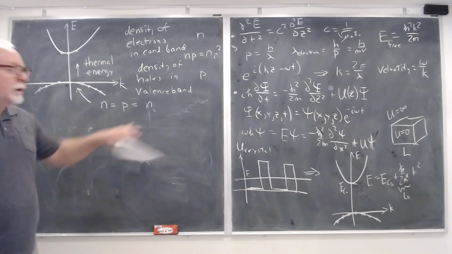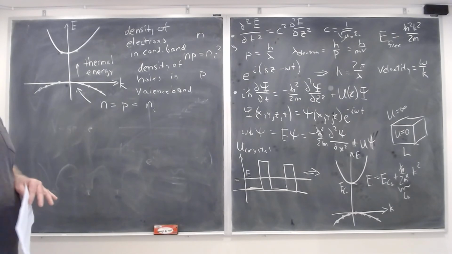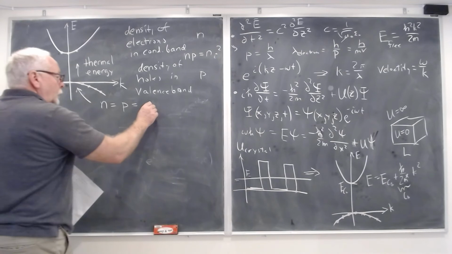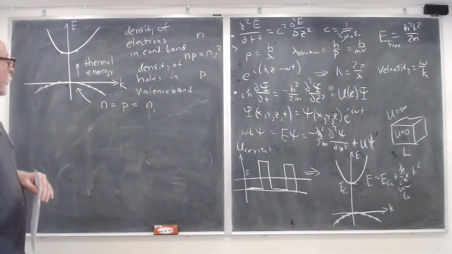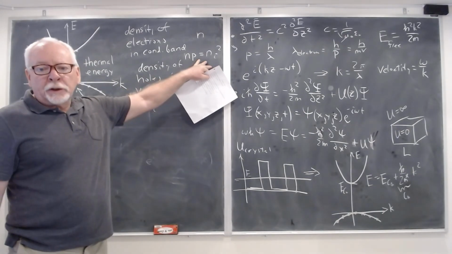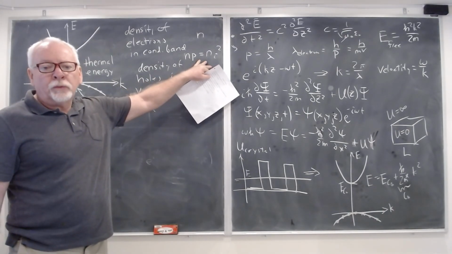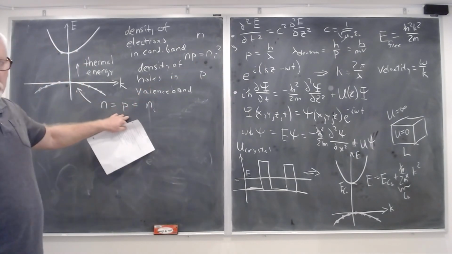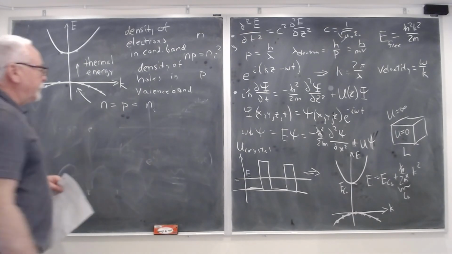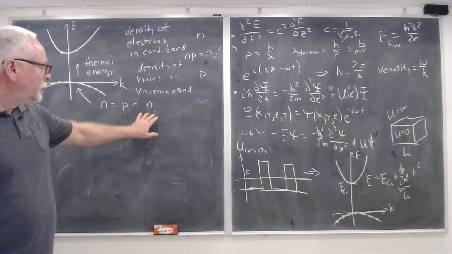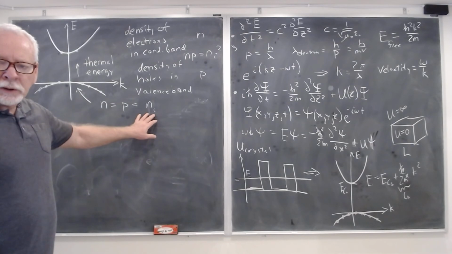Now, what is Ni? Well, that's kind of complicated, and we're going to try and figure that out today a little bit. Now, so we said that N times P is equal to Ni squared, no matter how you dope the sample, and that's clearly true if the sample is undoped. We're going to start to cover how you calculate Ni today.